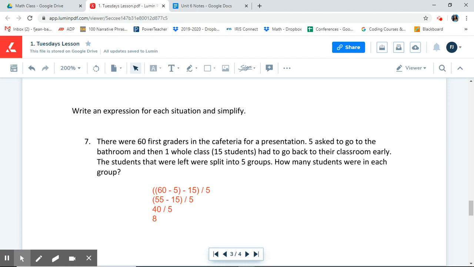So we're also going to subtract that. And remember, we're using parentheses to show priority. So before we can subtract 15, we're going to subtract 5 so that our expression is representing this word problem.